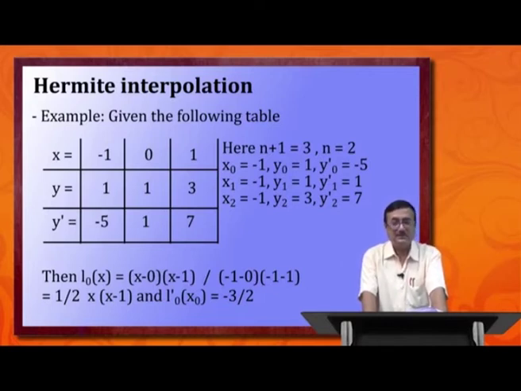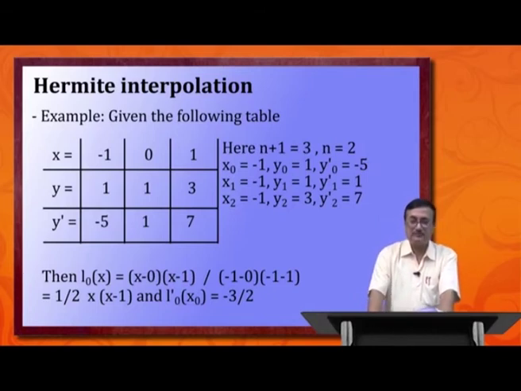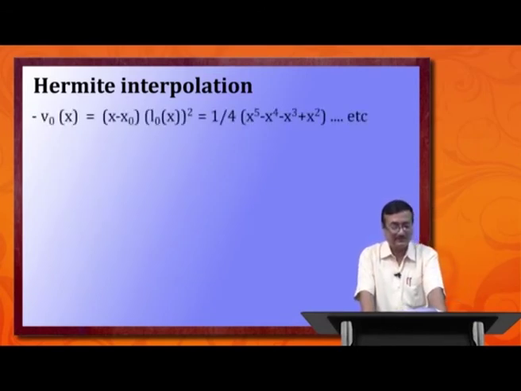U0 comes out to be 1/4 of (3x^5 - 2x^4 - 5x^3 + 4x^2). It is a polynomial of degree 5. V0(x) is similarly obtained as 1/4 of (x^5 - x^4 - x^3 + x^2).